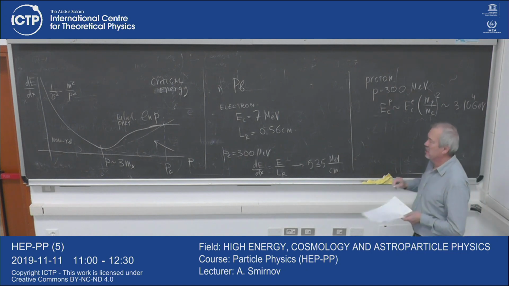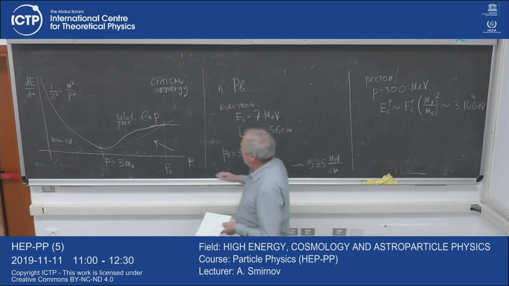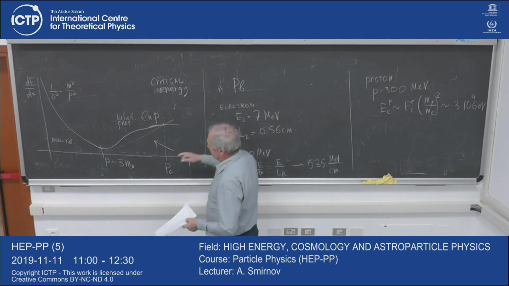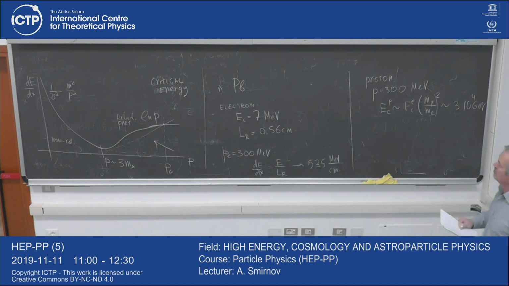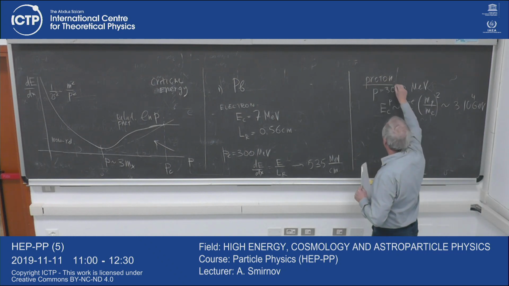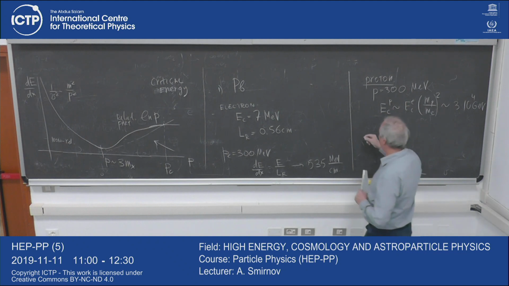So the critical energy for proton is much bigger than the mass of the proton. So mostly the proton will lose energy on ionization. For heavy particles, this is the dominant mechanism of energy loss.